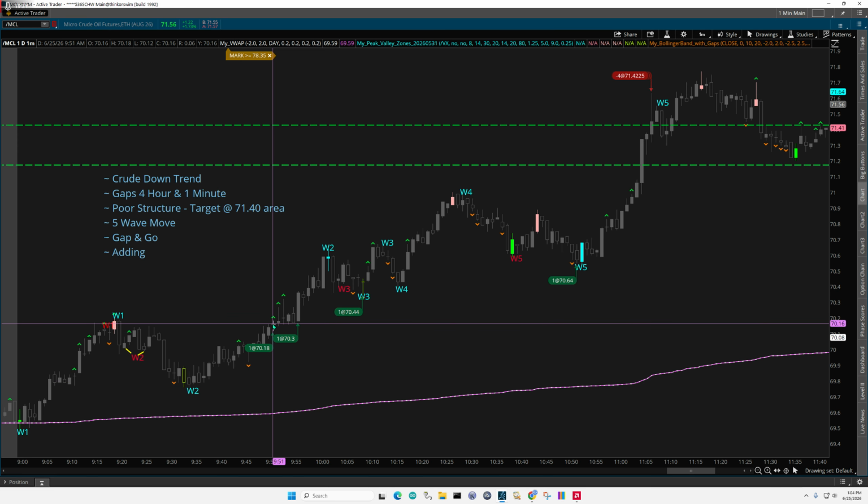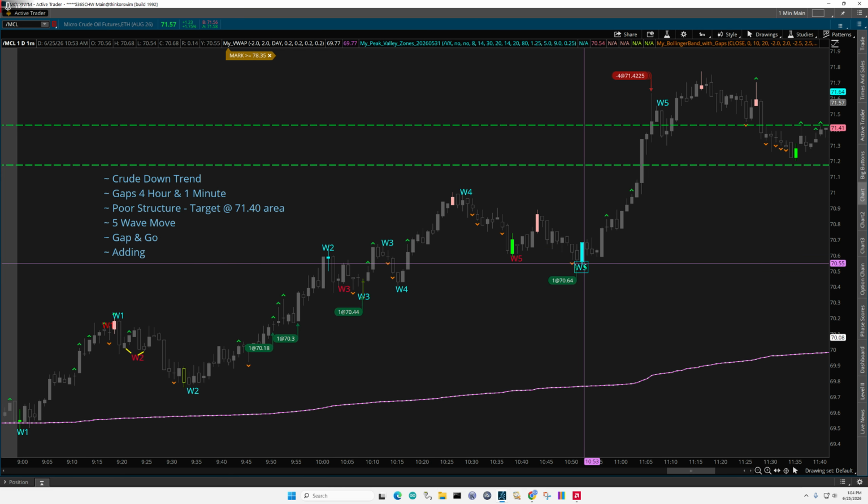So long right here at 70.18, added as it's breaking over wave 1, wave 2 high, pull back, add on this candle at 70.44, price goes up, I'm still bullish, add one more down here, and put my limit orders to sell.